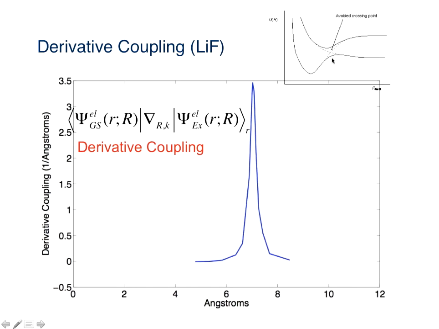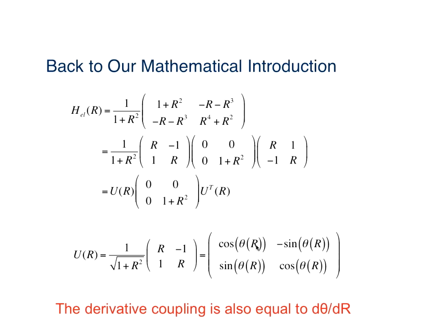The ground state is changing from covalent into ionic. These two states are changing dramatically, and that's all exemplified by this derivative coupling, which is telling you how the excited state is changing relative to the ground state, and it's all peaked. It's basically zero everywhere except around 7 angstroms. Okay? So that's the typical thing that we expect to see for a derivative coupling. Now, one more thing that will be useful here.